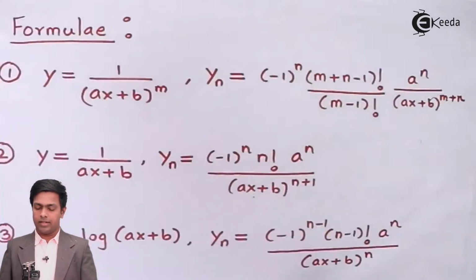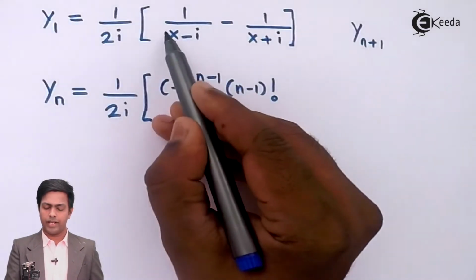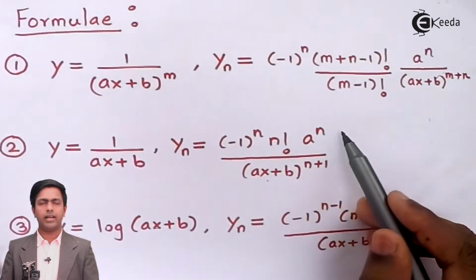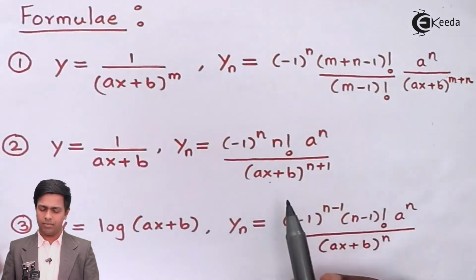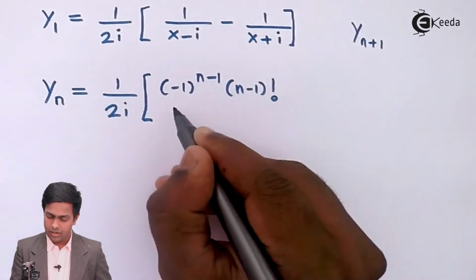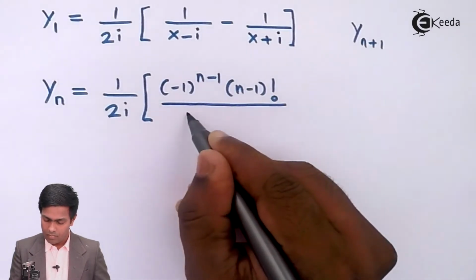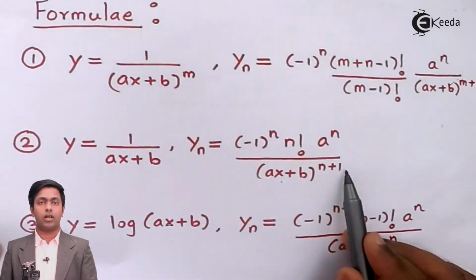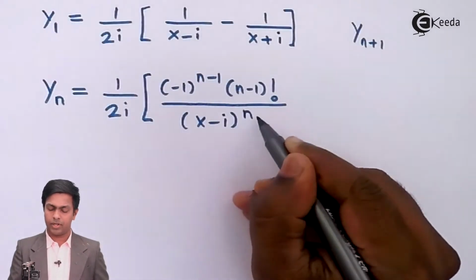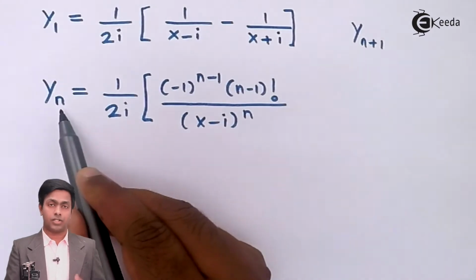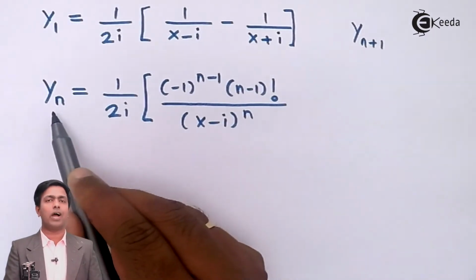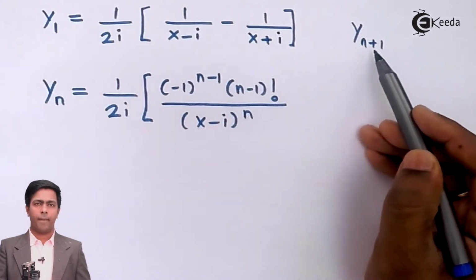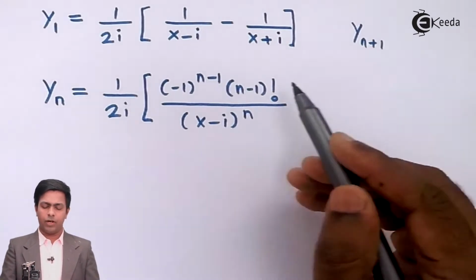Next, this a is 1. Here you can observe a is 1. So 1 raised to n is 1. So I'll not write that term. Here ax plus b is x minus i, and that power which is n plus 1 will become n, because guys I'm finding the value of yn and not y of n plus 1. So this is the value for this.